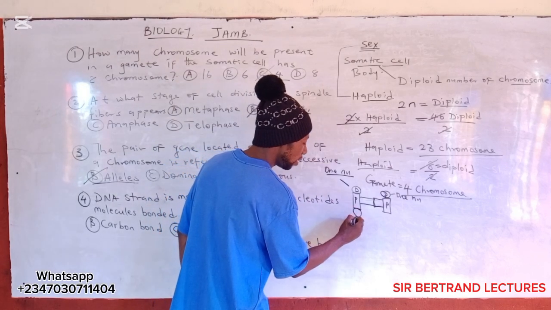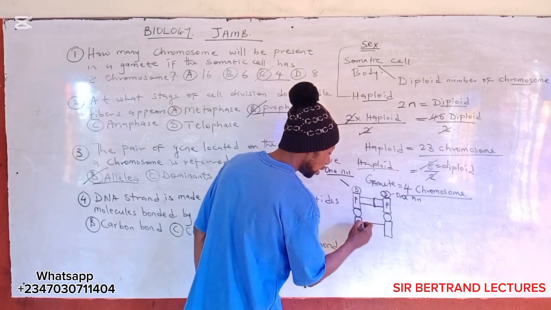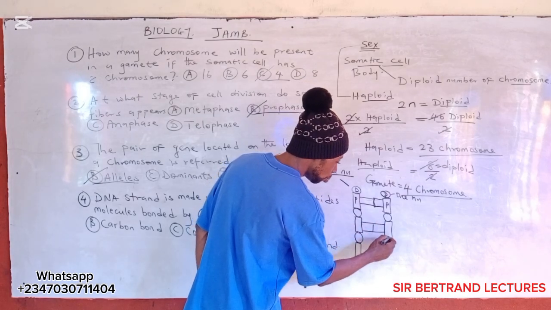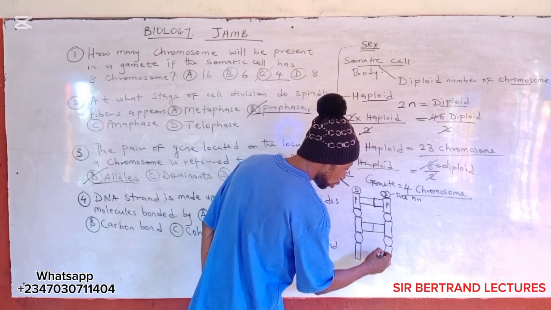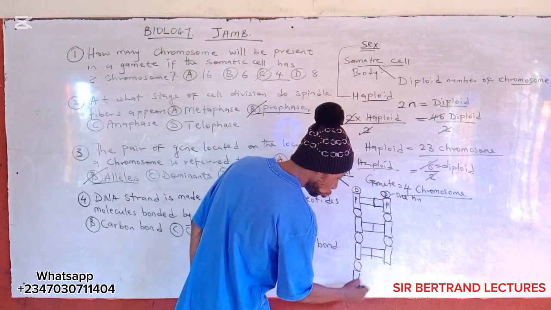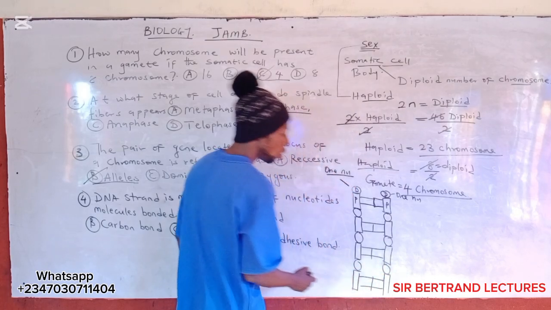Here, sugar again, phosphate group, then nitrogenous base, sugar, phosphate group, and nitrogenous base. All right.